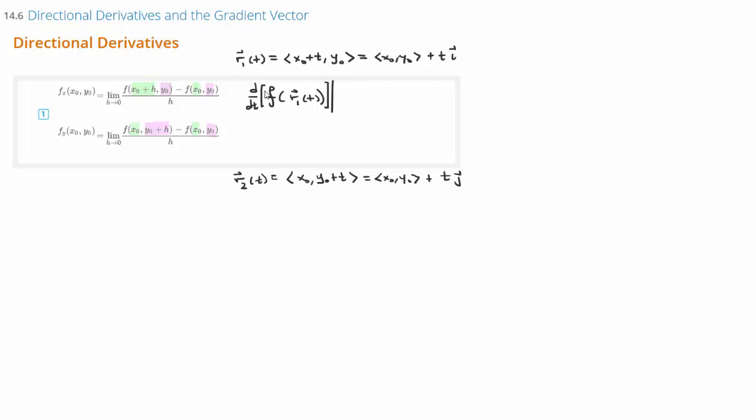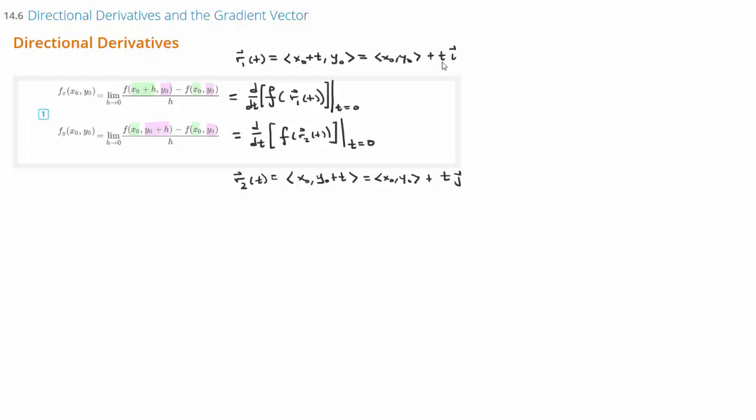And if I plug in at t equals 0, then I will get the rate of change of f at the point (x0, y0) in the x direction. In other words, I'll get the partial derivative of f with respect to x at the point (x0, y0). The same logic works for y, and the partial with respect to y will be the derivative with respect to t of f(r2(t)), evaluated at t equals 0.